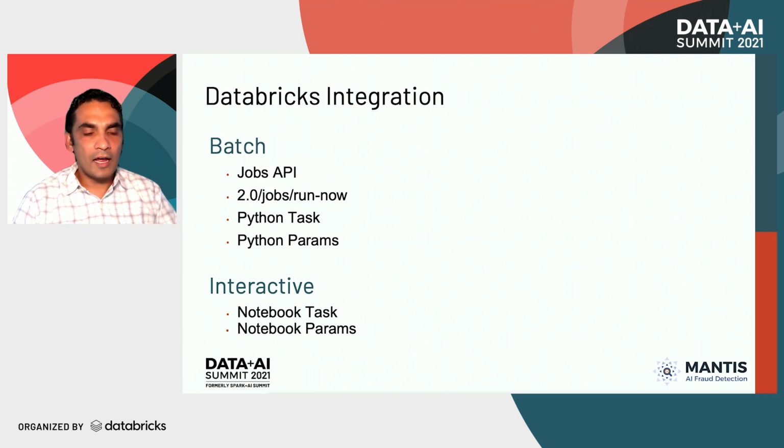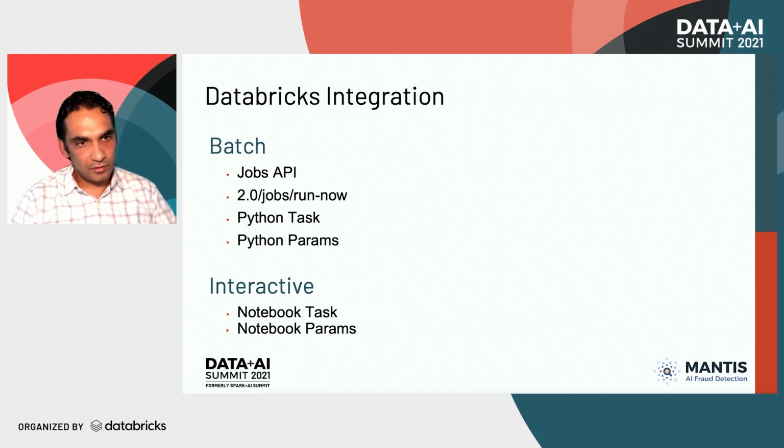And we use the Python task as the template to run these jobs. Since it's a parameterized job, we pass the parameters to the job using the Python params setup. We pass whatever parameters we want the jobs to know through the setup, calling the REST 2.0 API, so that it triggers the job, and we track it based on the job ID.